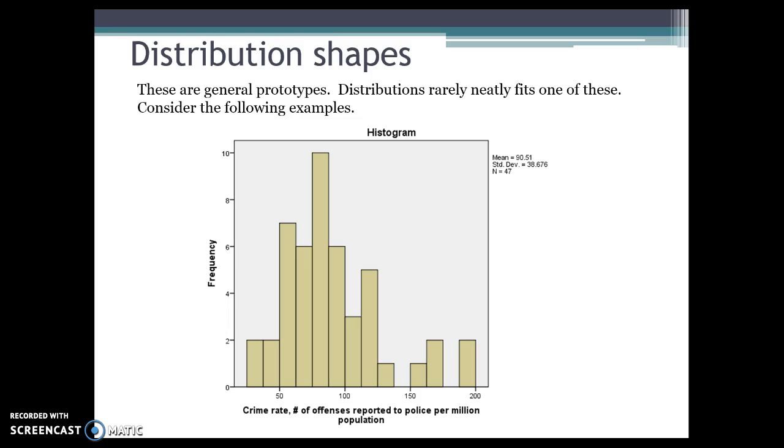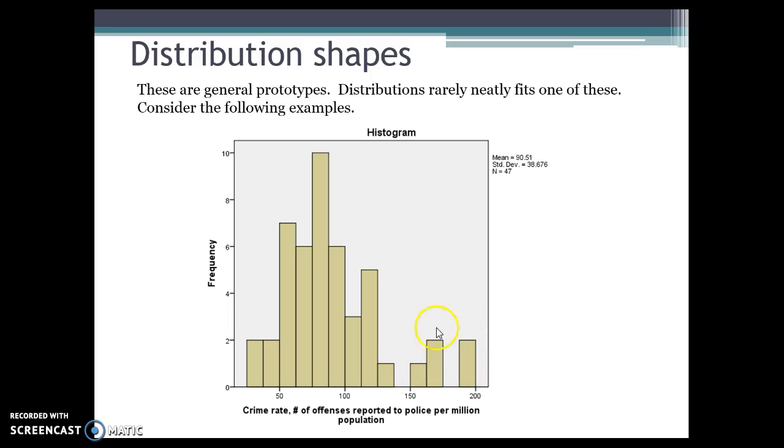These are from a crime data set that I looked at. And this is what histograms generated in SPSS look like. You'll see some of those later in this week's lesson. So this one, you kind of have a second peak over here.